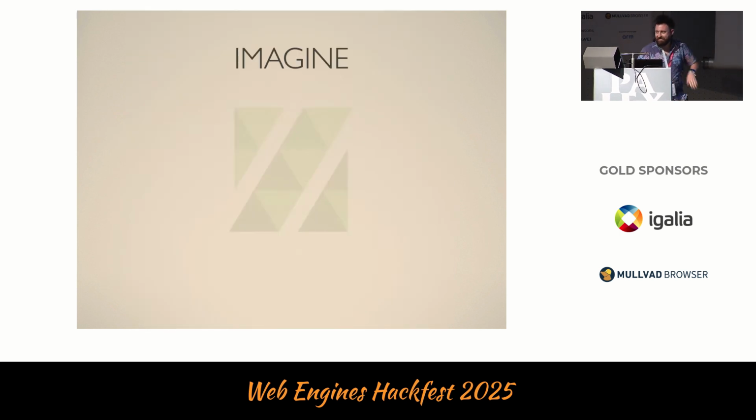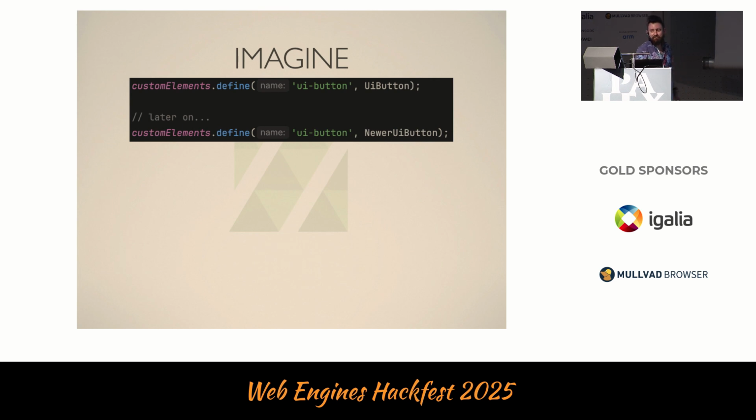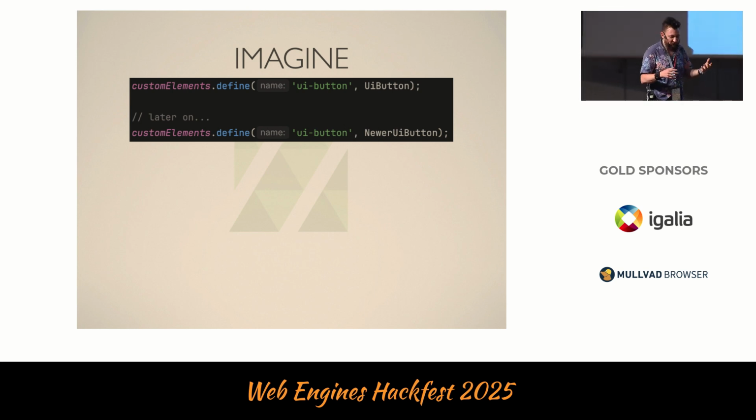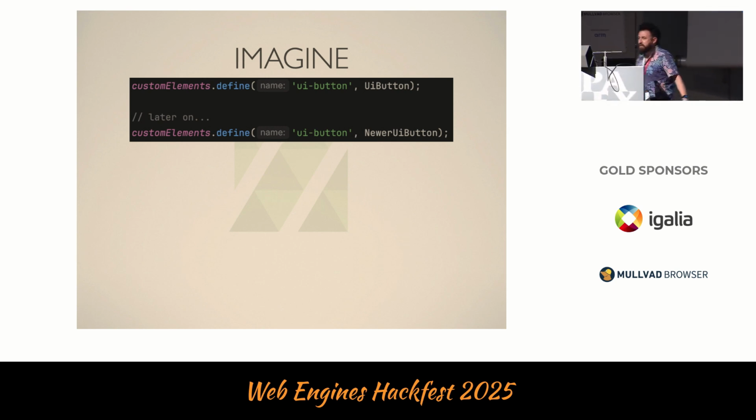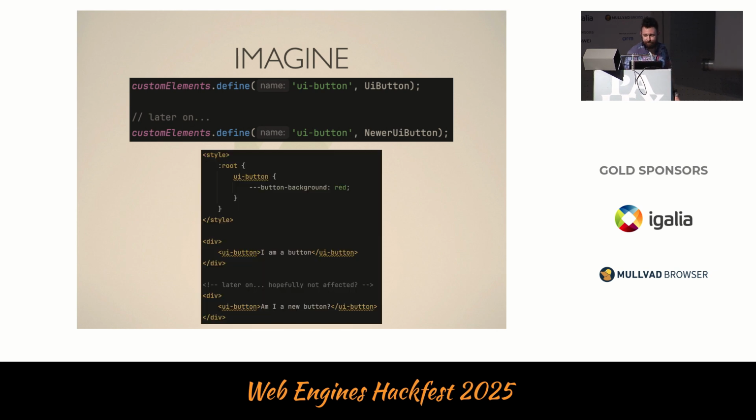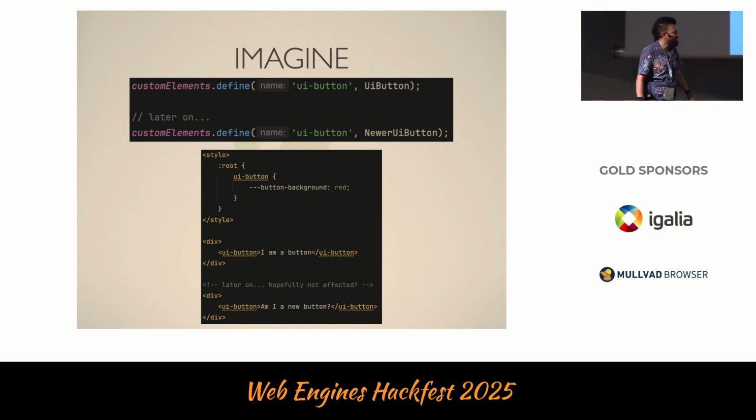So imagine. The idea is we want to use multiple versions of a custom element. Imagine we could do something like that, and then in some magic way, we define the first one, and then with the same tag name we have the second one.